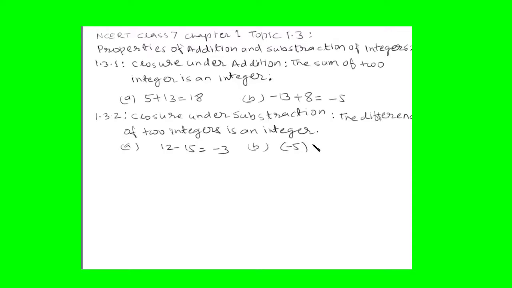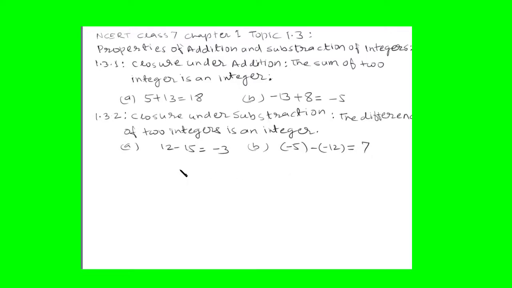Minus 5 minus 12 equal to 7. Minus 5 is an integer, minus 12 is an integer, and their difference is 7, which is also an integer.